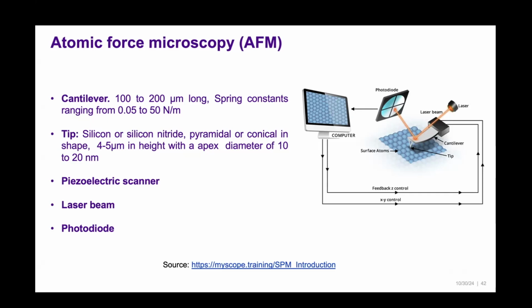And this repulsion can be measured because a laser beam falling on the cantilever, which changes in height as you move on, will be detected using the photodiode. Then the image can be processed using a computer. The principle is simple. Again, the force is involved when the tip is interacting with the surface atoms. Because of the atomic orbital overlapping, a repulsion is created between these two objects.